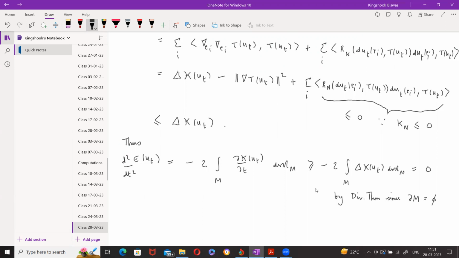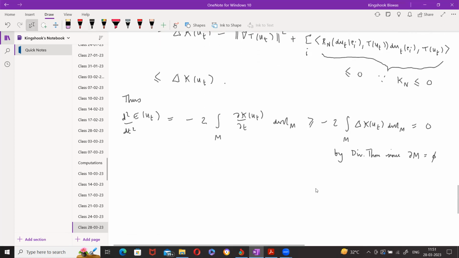So what do we get? We get that the energy is actually a convex function along solutions of the heat flow, if the sectional curvature of N is non-positive. So what do we have? First, d/dt of the energy of u_t is less than or equal to 0.